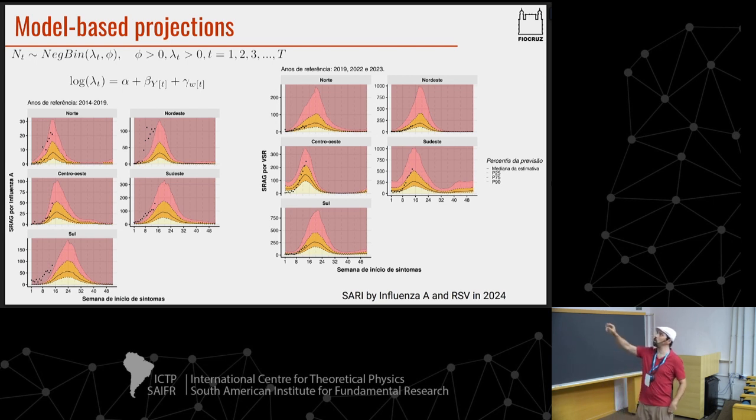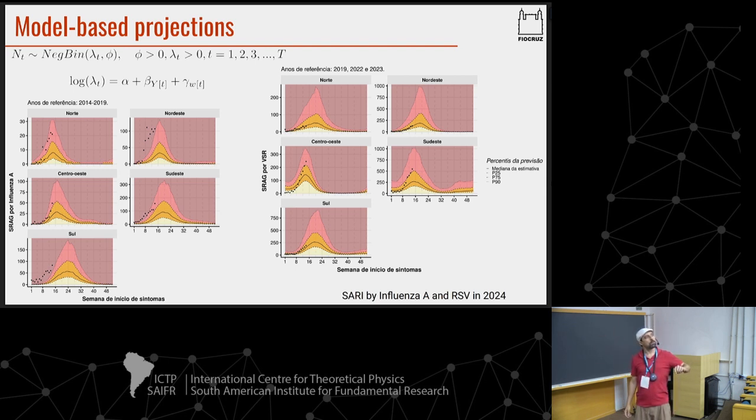The same thing goes for RSV, but it's slightly different. For RSV, we are using 2019, 22, and 23. Why? Because RSV did not suffer that much from the pandemic. 2020 and 2021, yes. 22 and 23 are already more similar. But if you have study data all the way back to 2009, why are you just using 2019 onward and not going further back?